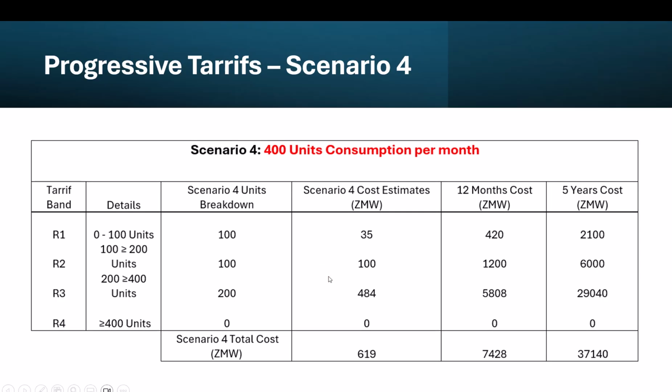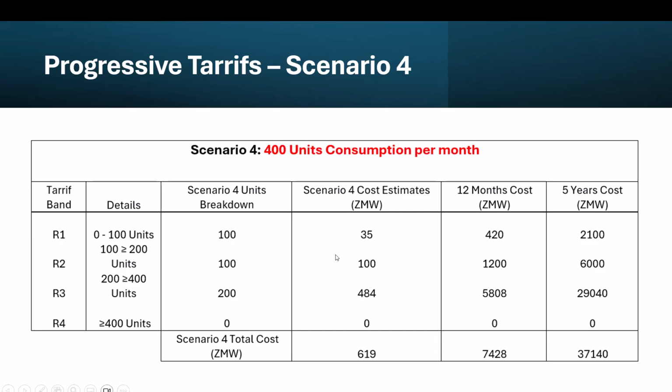Equally, when we go to 400 units, it doesn't change so much from 300, except now you have 200 units in band 3. So this gives an approximate cost of 619 Zambian kwacha per month, 7,428 Zambian kwacha for 12 months, and 37,140 Zambian kwacha covering 5 years.